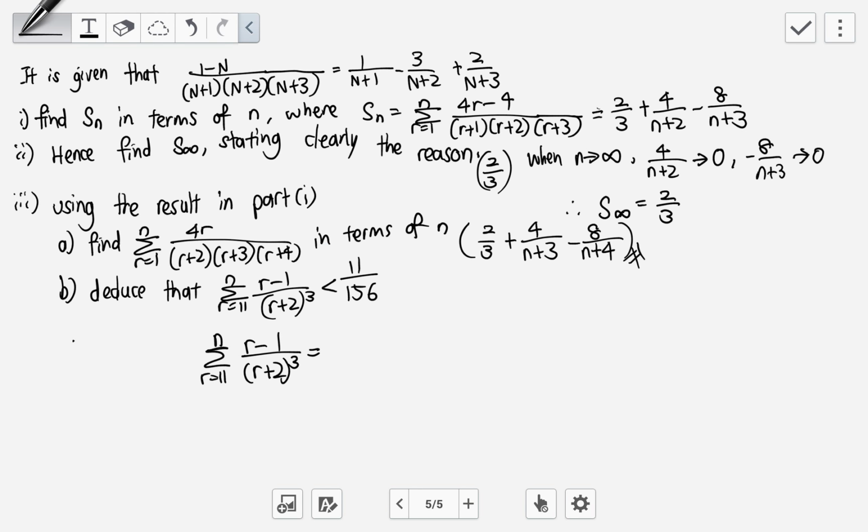Okay, let me see. So I'm using the result to the first part. Okay, and I know that this thing is just equals to this thing. Okay, let me think.